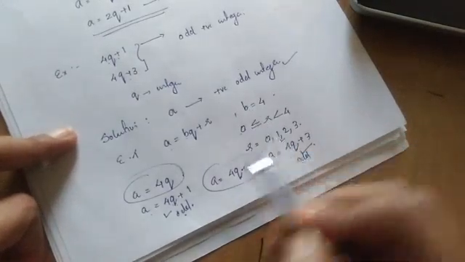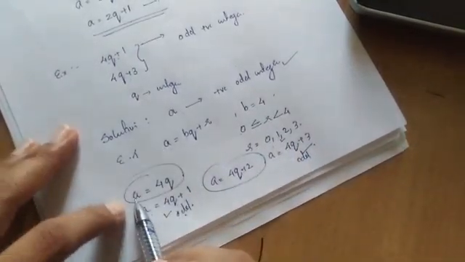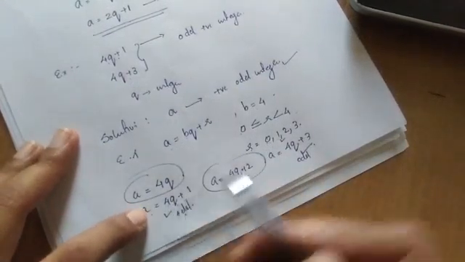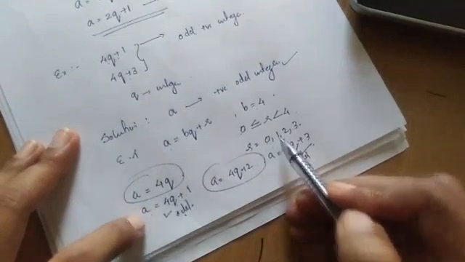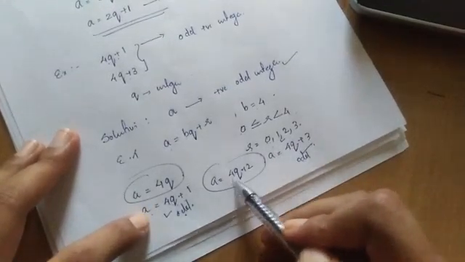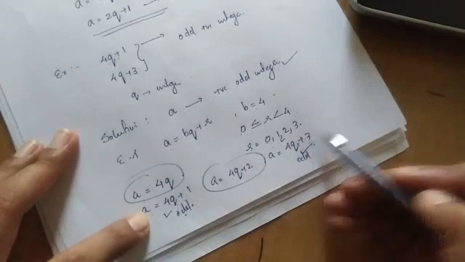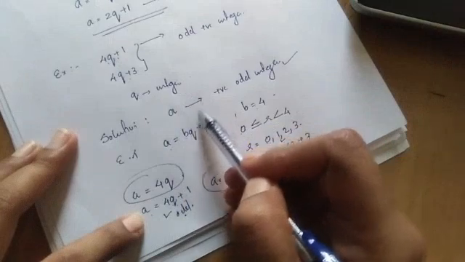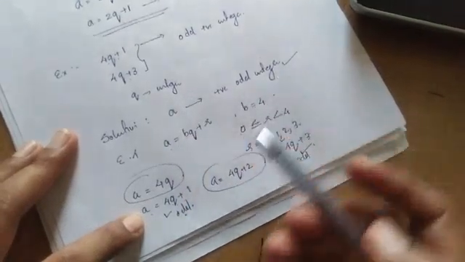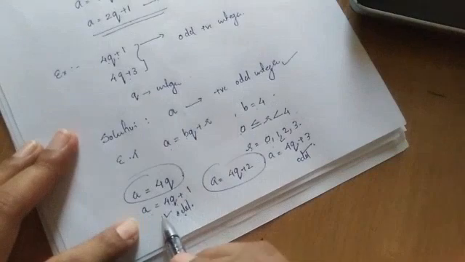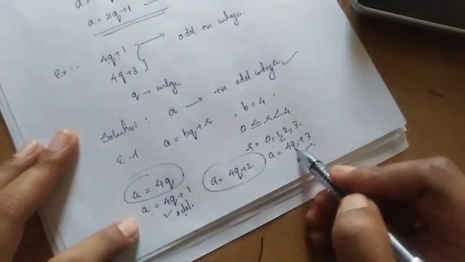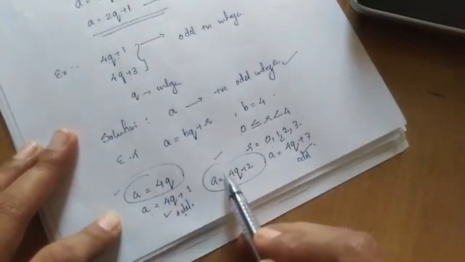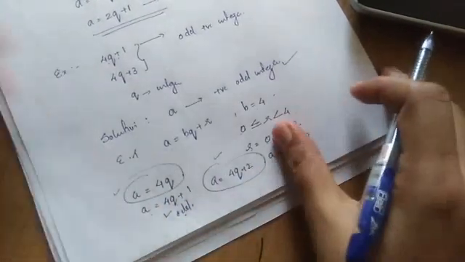Hence we can represent this as a equal to 4q where r is 0, a equal to 4q plus 1 where the remainder is 1, a equal to 4q plus 2, a equal to 4q plus 3. Here we specified that a is an odd positive integer, so a can take only the values 4q plus 1 and 4q plus 3, because the other two are in the form of even numbers. Hence the solution is proved.